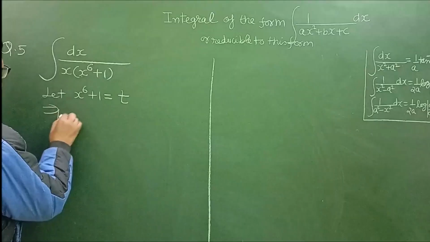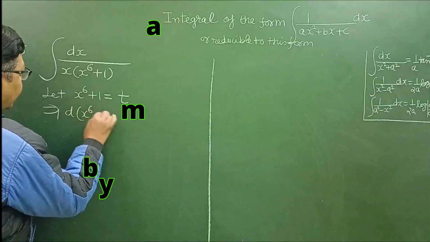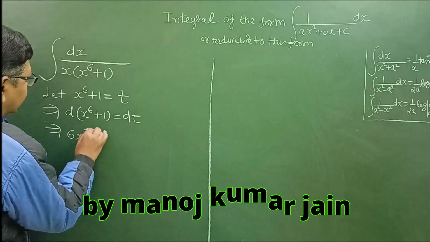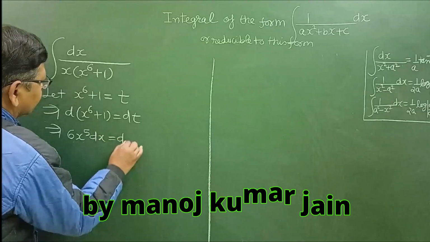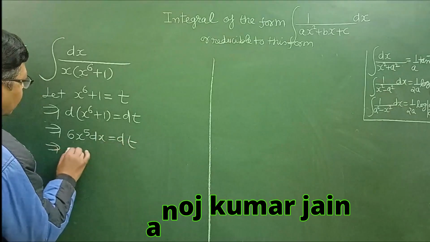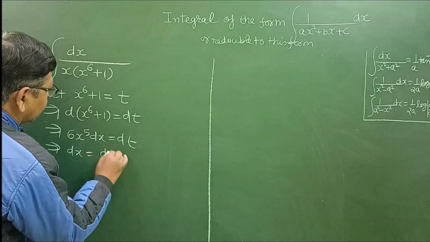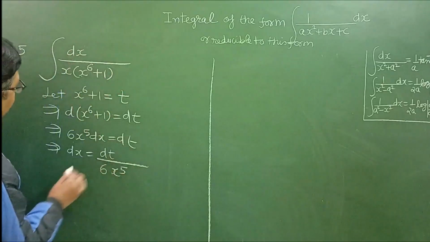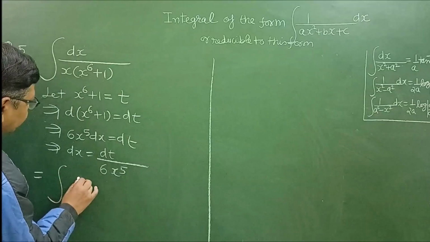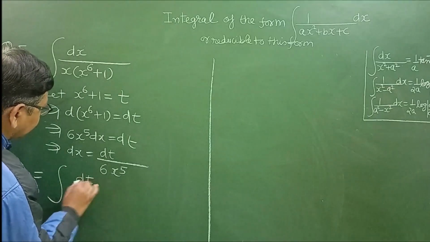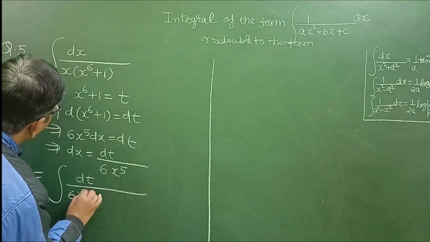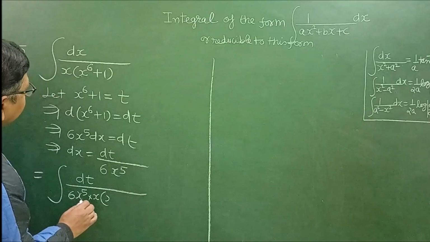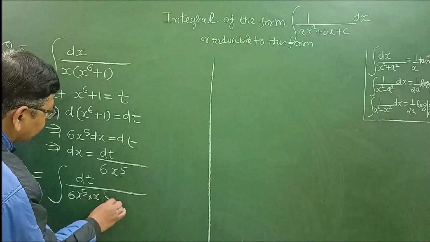Now on differentiating both sides, we get 6x5 dx is equal to dt, or dx is equal to dt upon 6x5. Now replacing dx by this value, the integral reduces to dt upon 6x5, already one x is there, into x6 plus 1, which we have taken equal to t.